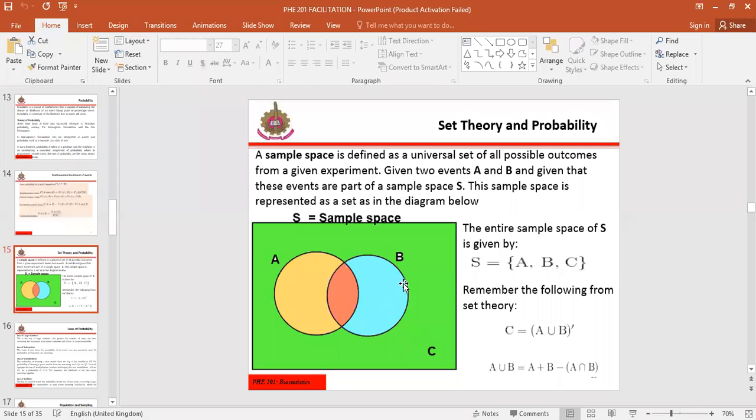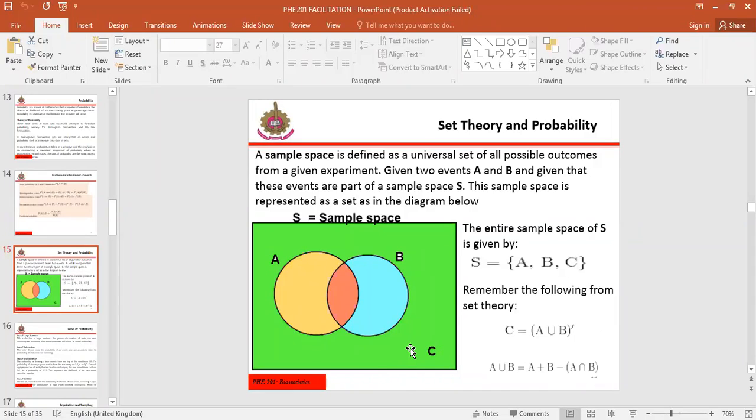Now, the value for this C, you are trying to subtract. C means this complement. Complement means minus. So if you say A union B minus this complement that you are seeing, you can see my cursor here, it means minus.